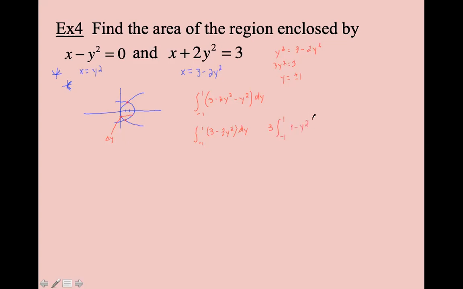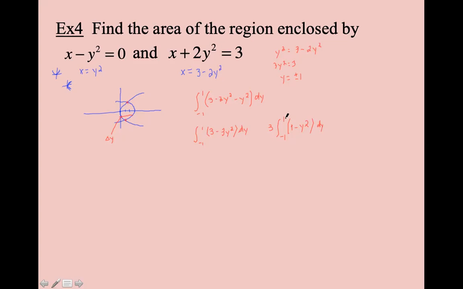And then there's another thing we can do on this one that we also haven't practiced very much. This is symmetric with respect to the x-axis. These are the same distance above and below. So if I didn't want to go from -1 to 1, these are even functions. So I could multiply by 2 and just go from 0 to 1. Do you guys remember that?